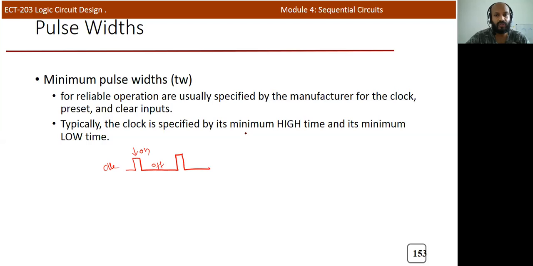The manufacturer will provide these details, also for the clock and for preset and clear, and what the duration should be. When you draw the waveform, we will simply draw an active low signal, for example the clear signal, but this duration is usually specified by the manufacturer. So for that, you need to verify the data sheet.